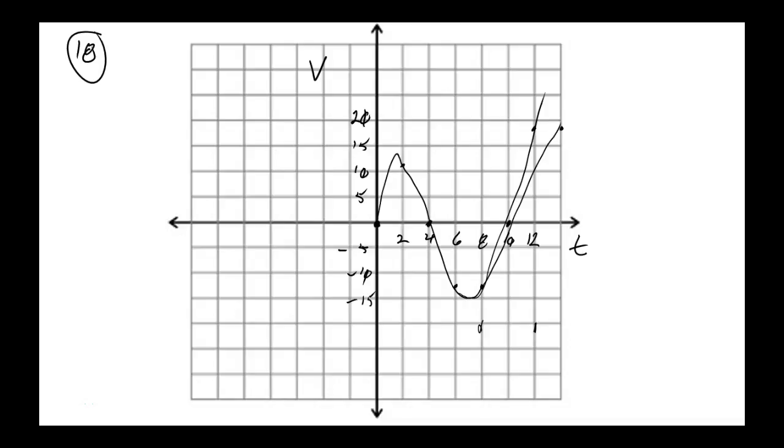So I is out, right? II, the object is only stopped at t equal to 4. No, not only. It has velocity of 0 at 4 and 10. So that one's out. Number III, the object is speeding up on the interval from 4 to 6. That might be true.